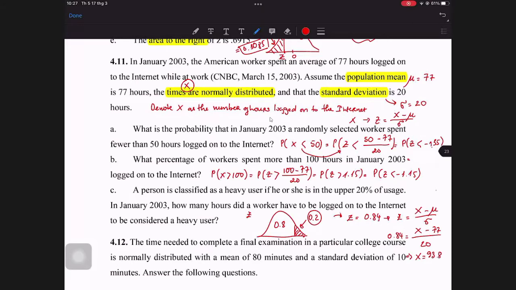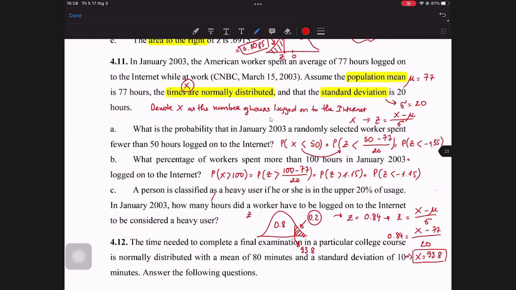Okay. So actually, this value here is 93.8. So the question is, how many hours did a worker have to be logged onto the internet to be considered a heavy user? The cutoff point here is 93.8 annual hours.